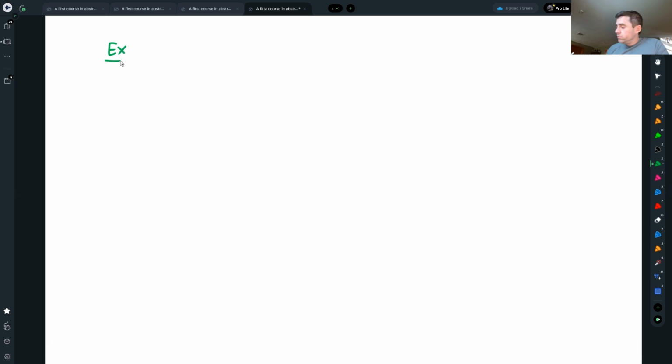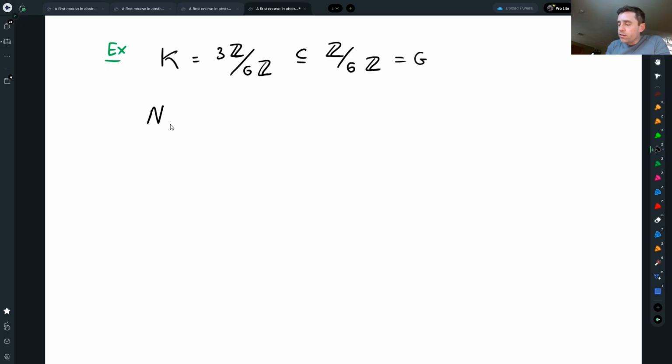For example, let K be 3Z modulo 6Z inside Z modulo 6, so that's my G. Then what is the normalizer inside of G of K?